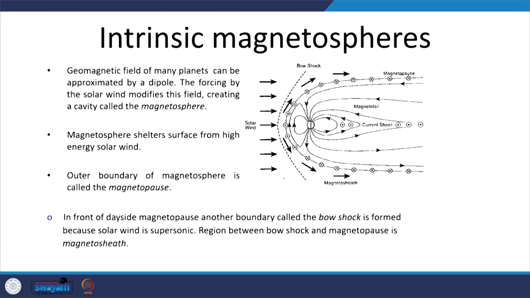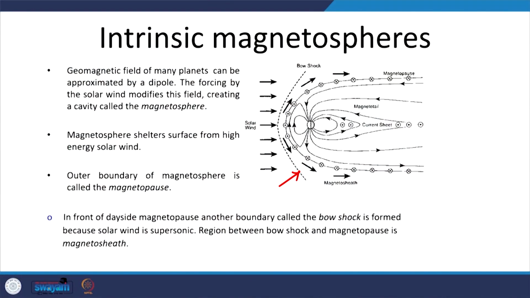You have the bow shock, which is in place because of the sudden decrease of the solar wind's velocity as it encounters an object, and then the magnetopause is the top of the magnetosphere, after which the magnetosphere does not have any influence. The current sheet is there to separate the opposite polarities.